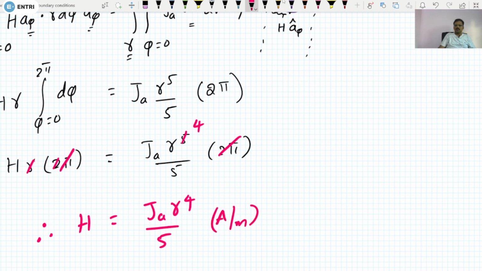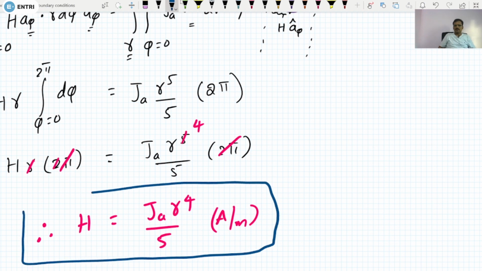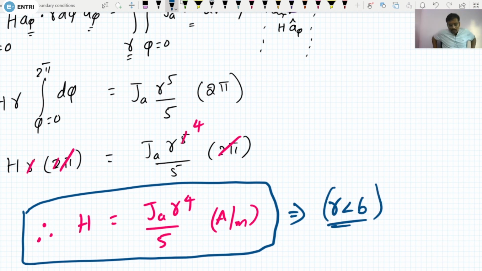So this is what you are going to get, right? So this is the H field inside the cylindrical wire. So this is for R less than B. Okay, so this is the H field you are going to get.